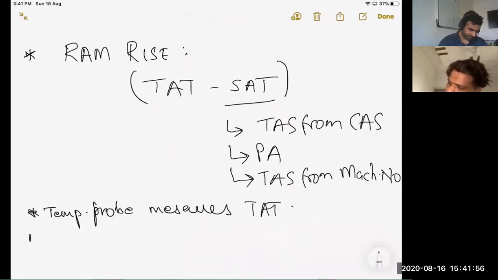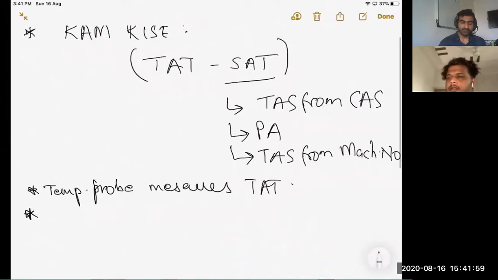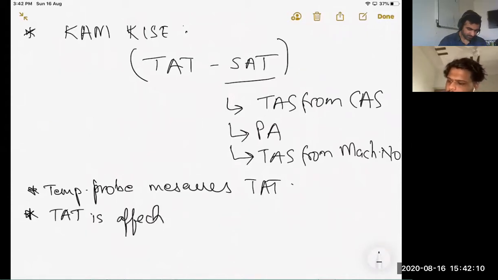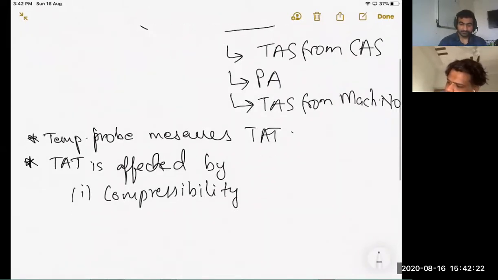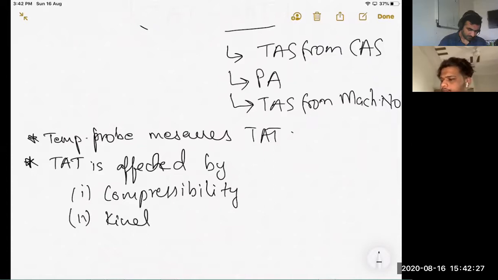What is TAT affected by? TAT is affected by compressibility and kinetic or adiabatic heating. These are two terms you have to keep in mind.